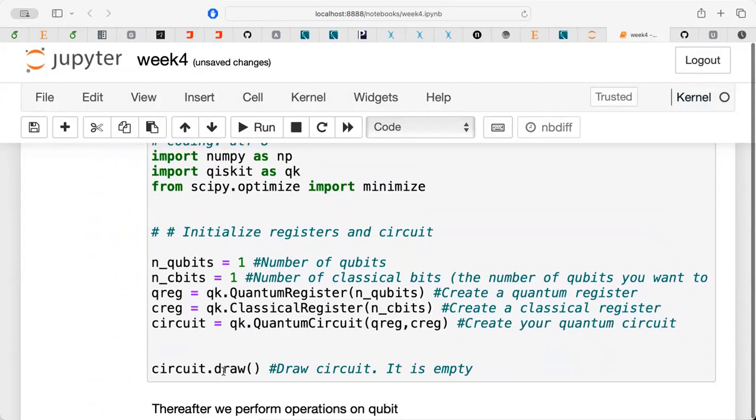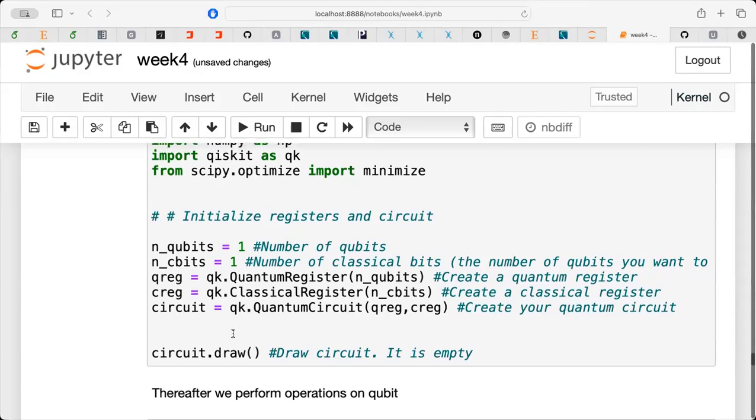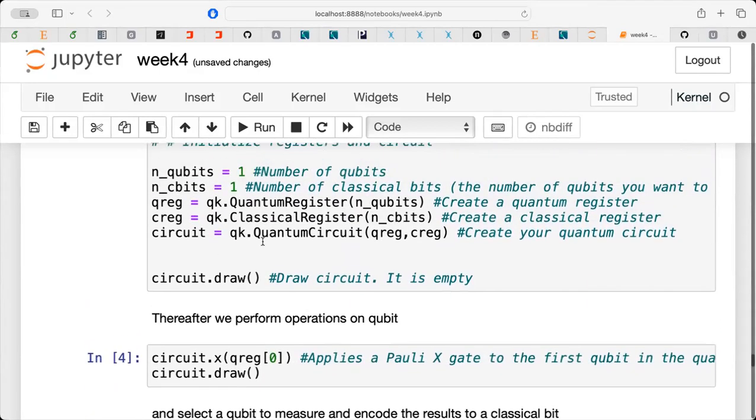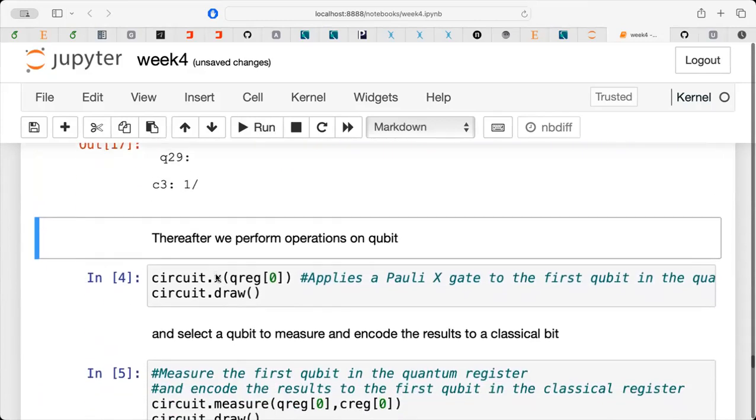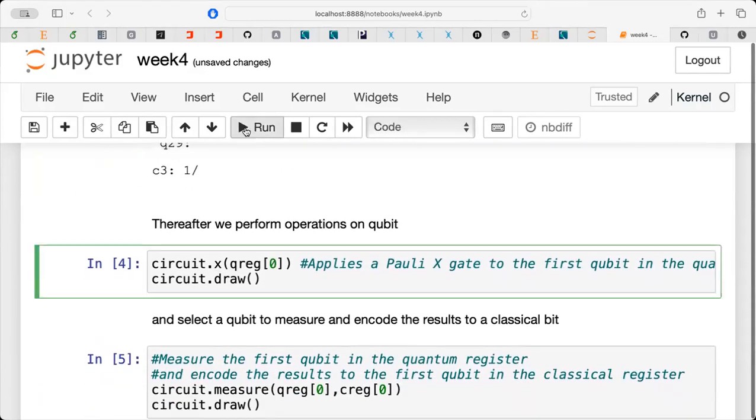So what's often done, and as we will see now repeatedly in the weeks to come, is that we will set up quantum mechanical operations in terms of circuits. So if you look at this operation here, you can now draw a circuit. Actually, here there is nothing to draw because we are not performing any operations.